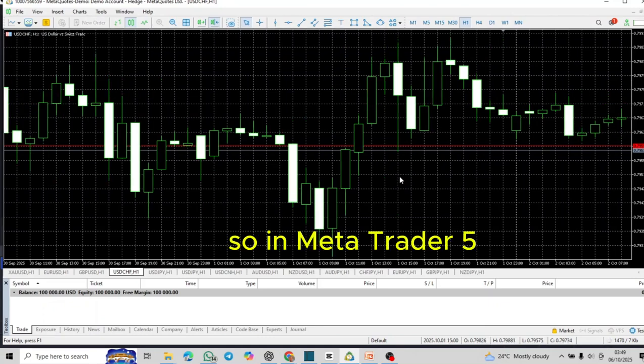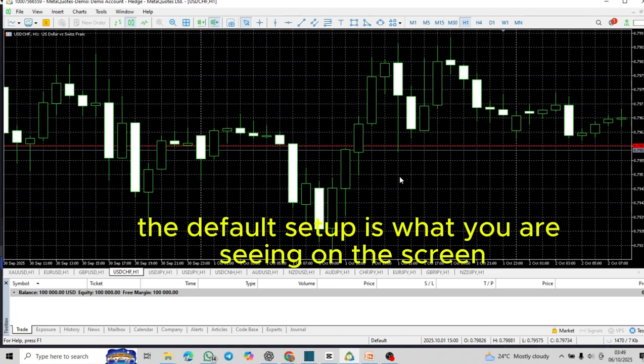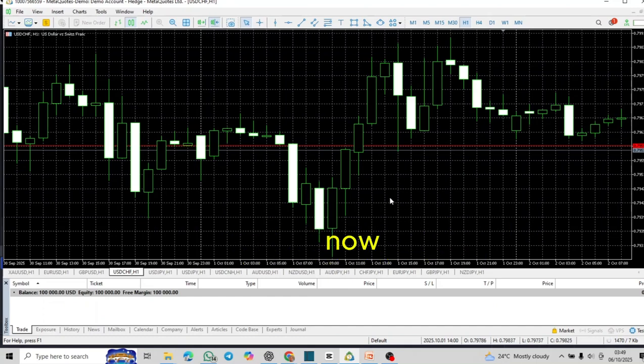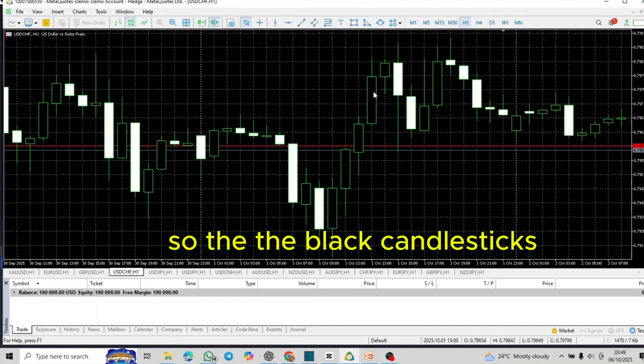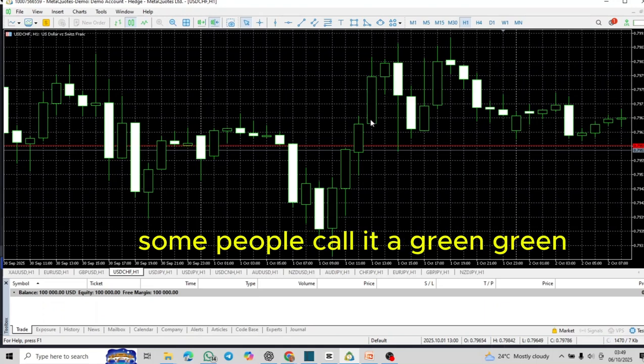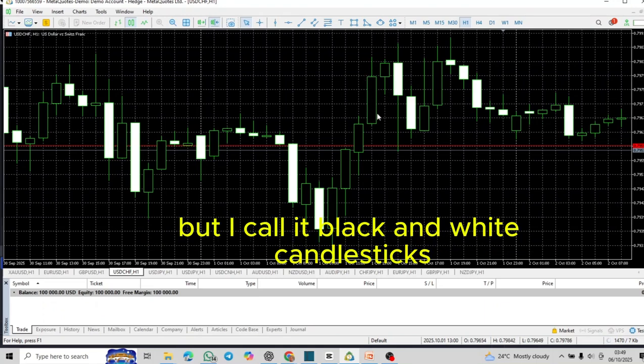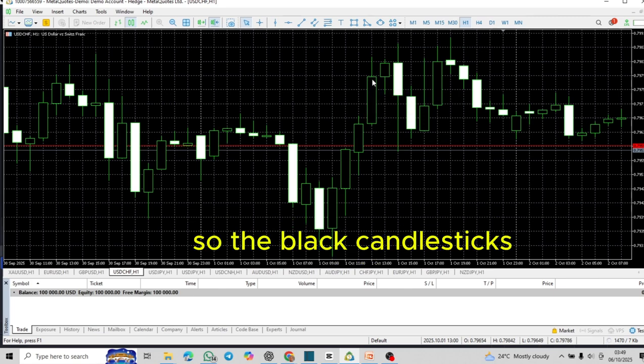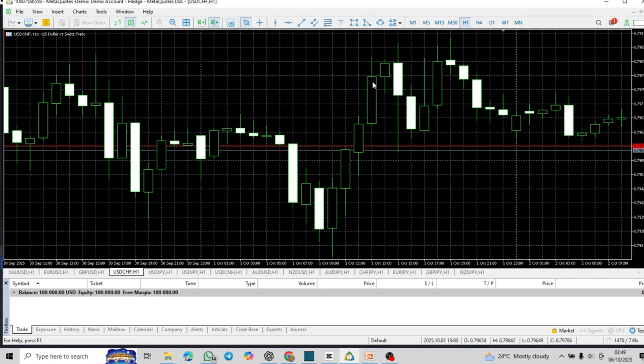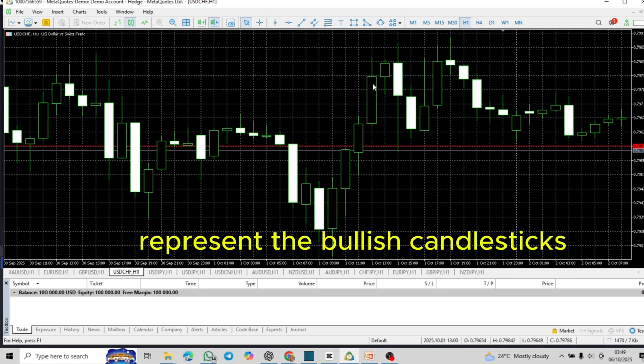In MetaTrader 5, the default setup is what you are seeing on the screen now. The black candlesticks, some people call it green, but I call it black and white candlesticks. The black candlesticks represent the bullish candlesticks.